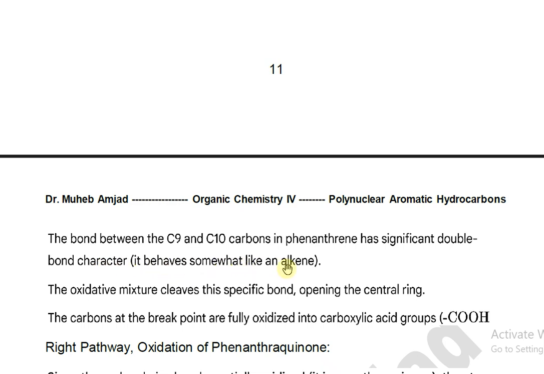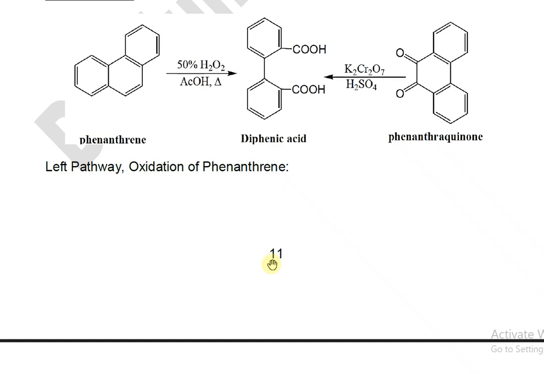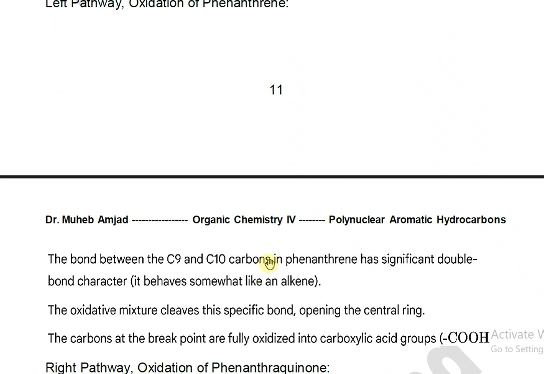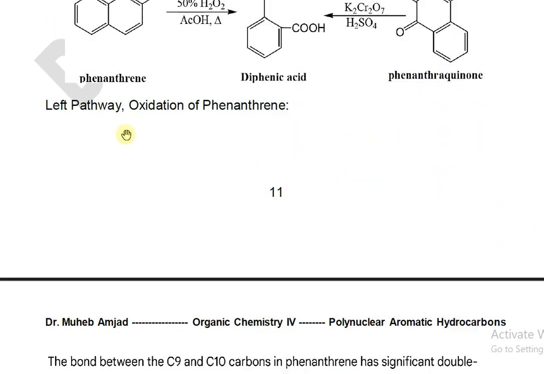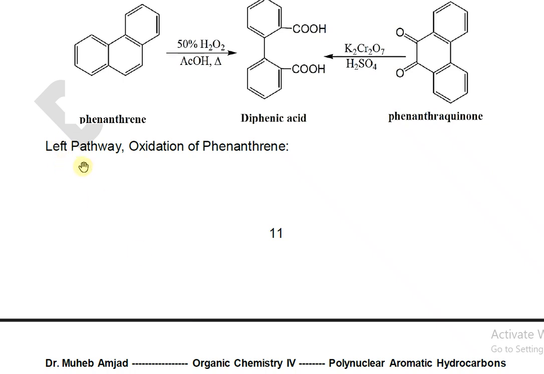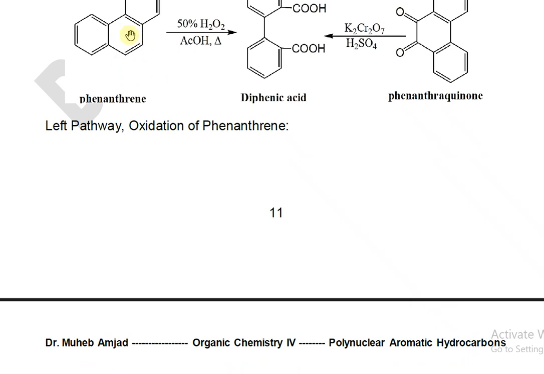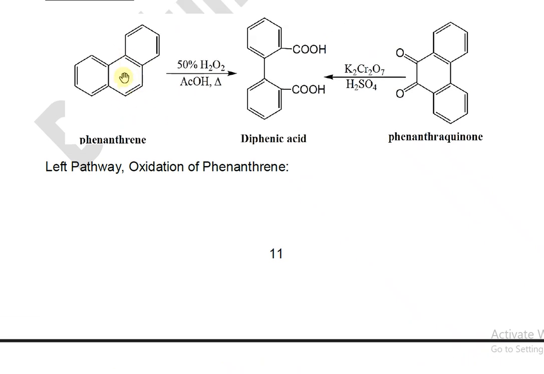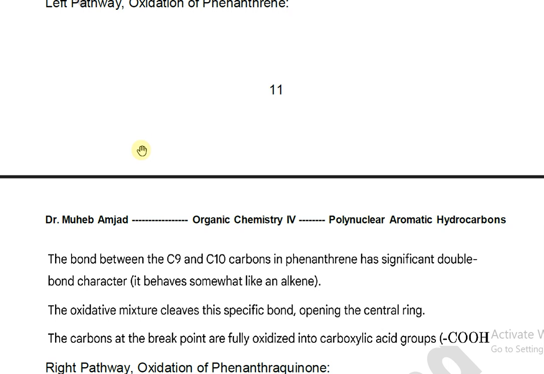It behaves somewhat like an alkene. So again, the left pathway is the oxidation of phenanthrene. This is the double bond, the carbon-carbon double bond, and it will break down and this cycle will be opened.